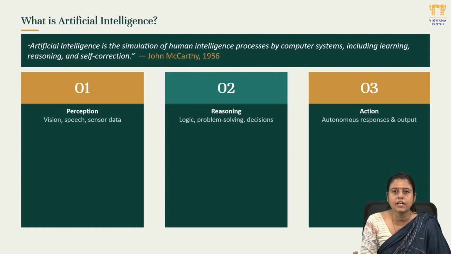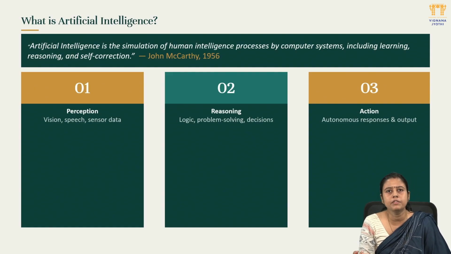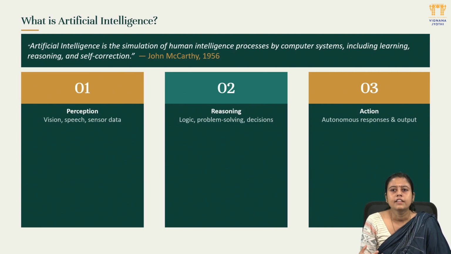It may be logical reasoning, problem solving reasoning, or decision based reasoning, and based on the reasoning of the computer, there will be autonomous responses. Automatically they will respond to this reasoning. So we can tell AI has three parts: one is the input, one is the reasoning, and another one is the autonomous response.